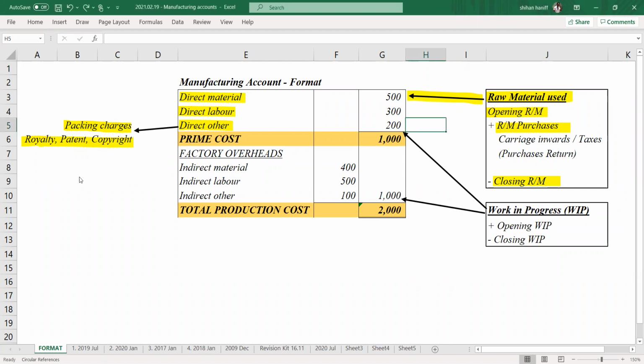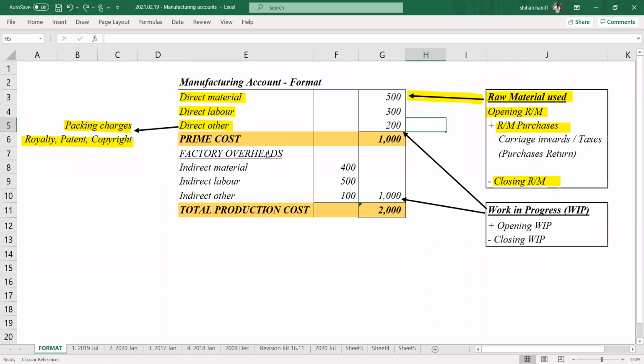Right? So any patent, copyright or royalty payments you consider as direct other expense. Right. So we know the raw material, direct labor, direct other.